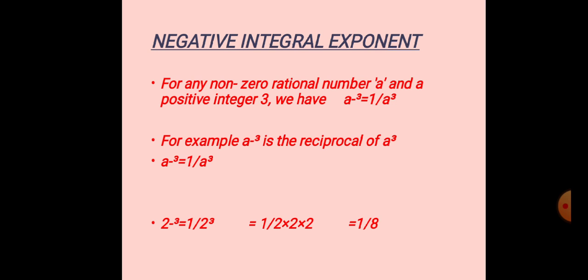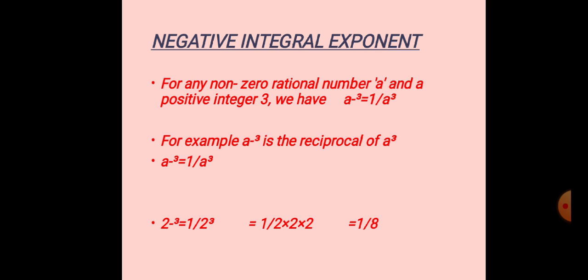I can write a raised to the power 3, a 3 times, but I cannot know how to write a raised to the power minus 3. So that's why we reciprocal it to write a negative integer in a positive form. So I can write a raised to the power minus 3 is equals to 1 upon a raised to the power 3.